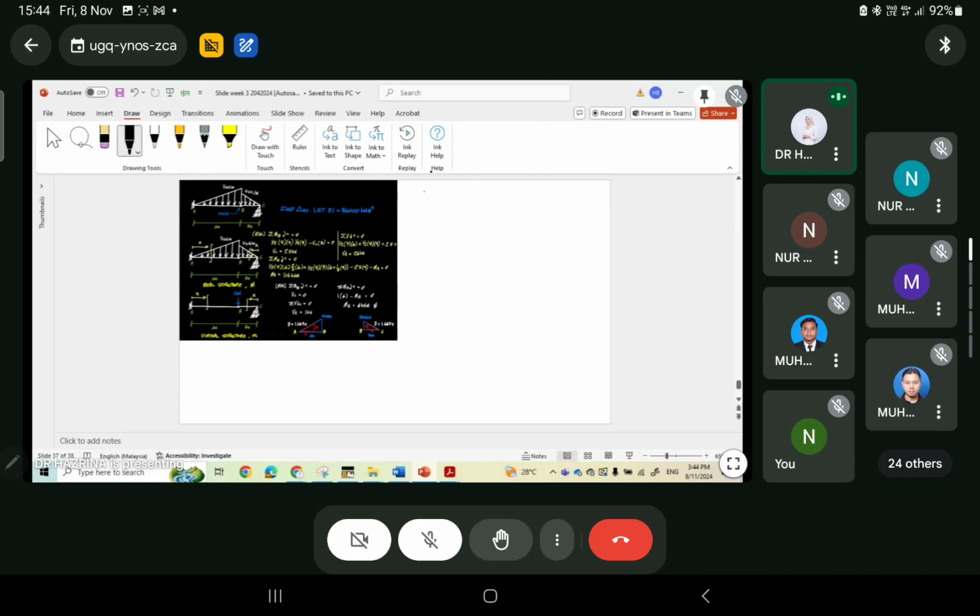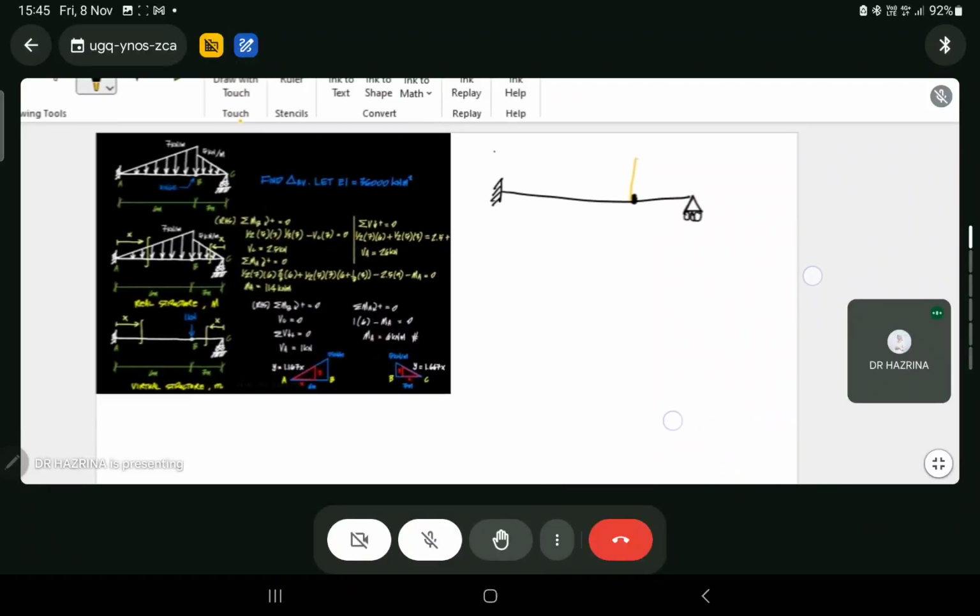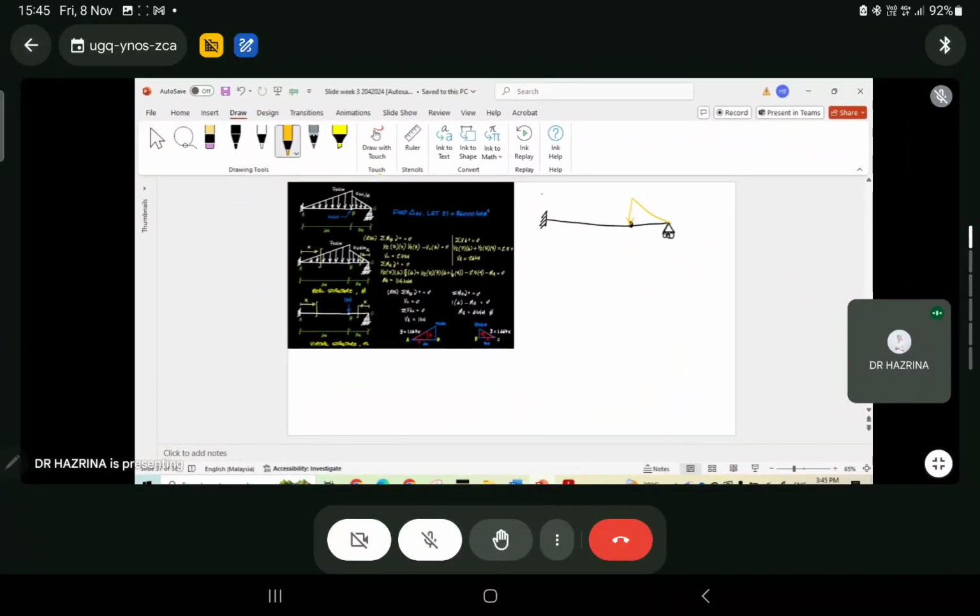Now you were given a beam, and what is unique about this beam is that you have a hinge.